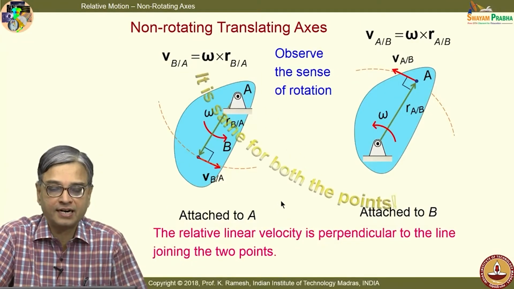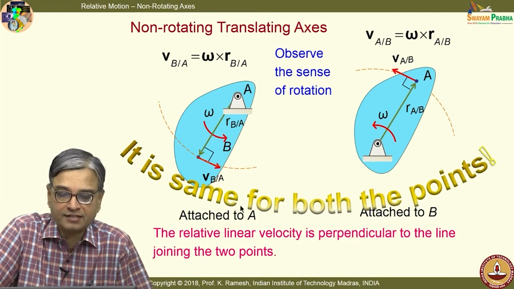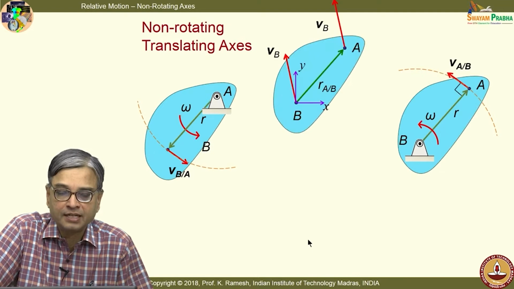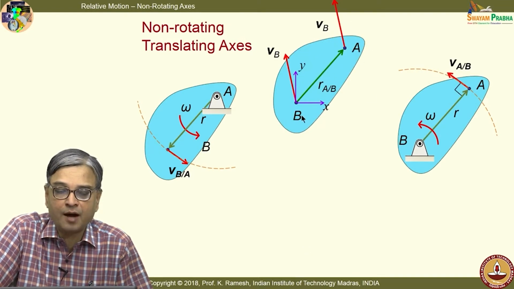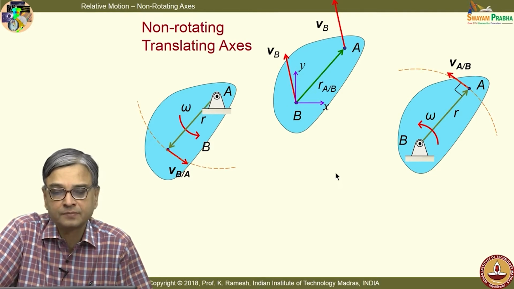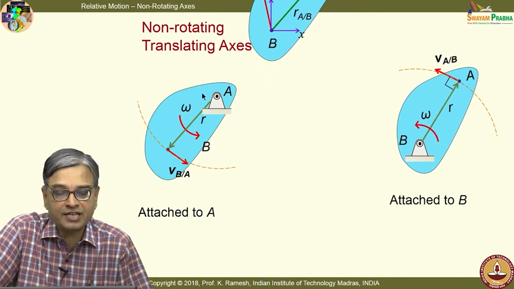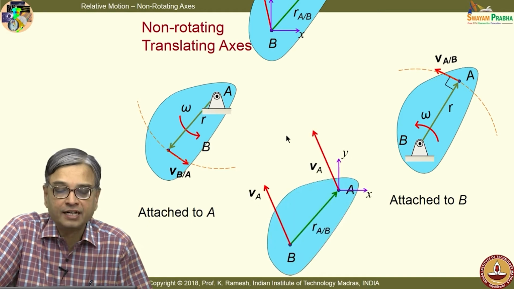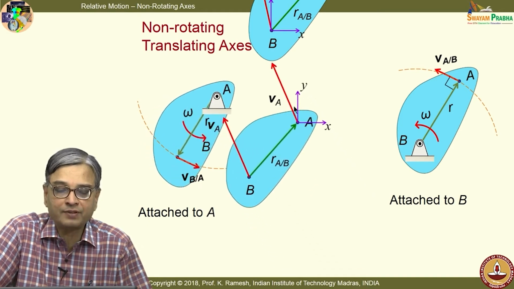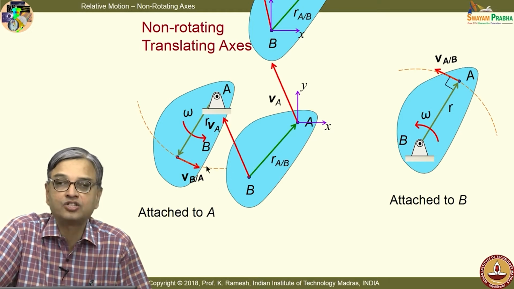This is what is illustrated. It says that the sense is same for both the points. The idea of attaching a translating axis at B amounts to translating with velocity Vb, and you have a corresponding rotation here. If I attach the axis at A, it amounts to travelling with velocity Va and rotation in this way.